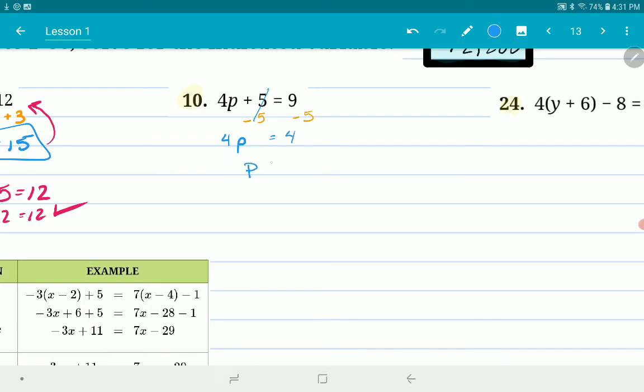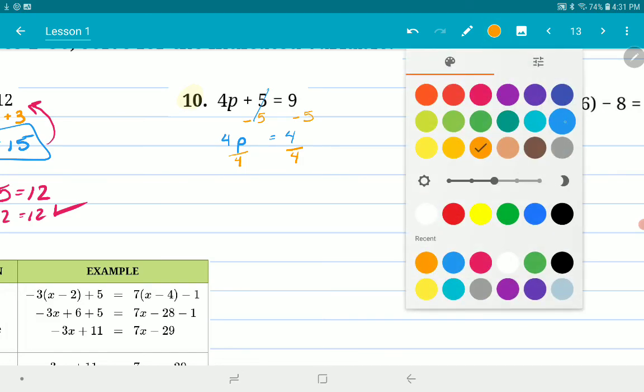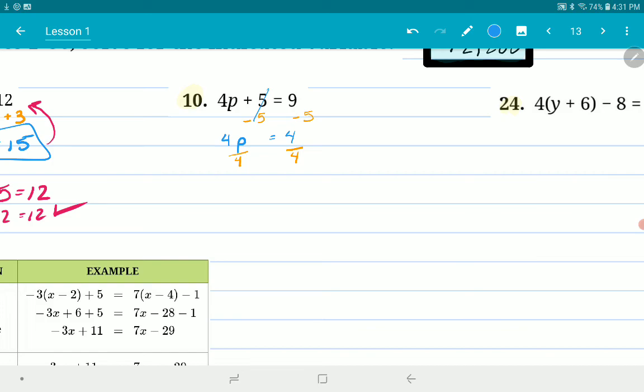I have to show my work. I wouldn't necessarily have to do this, by the way. The orange and the red, sometimes I do that part in my head, but I'm showing you because I'm teaching. Then for my 4, I'll divide both sides by 4, and I get p equals 1.